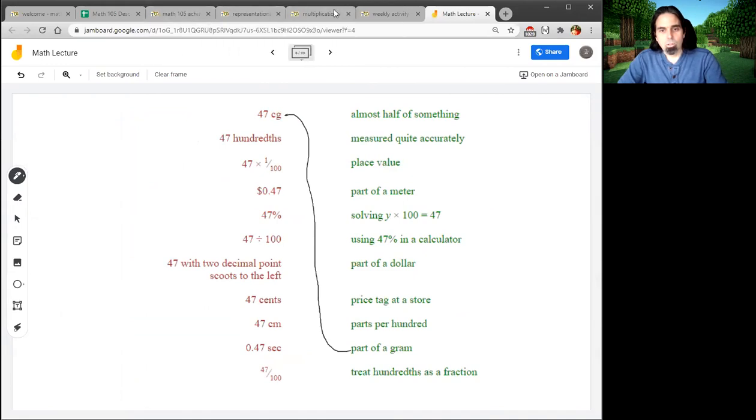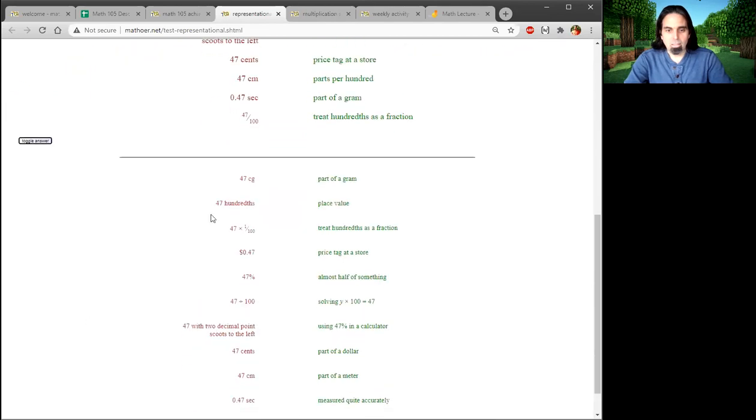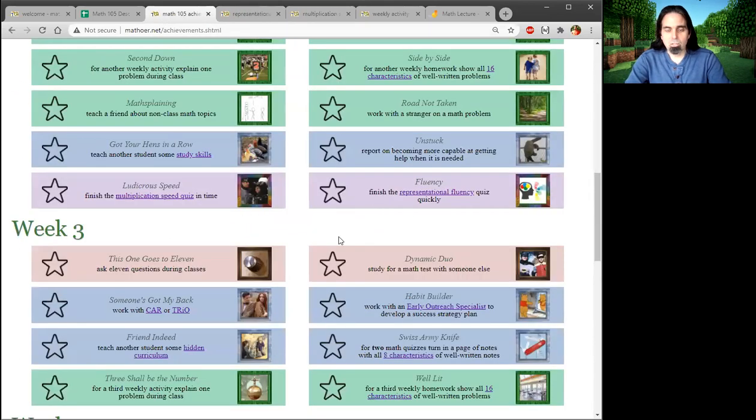So after you try all the matching, then you can go to the toggle answer and see if you got it right. And if you did, then let me know and you'll get the achievement. So not required, but perhaps easy achievements to earn.